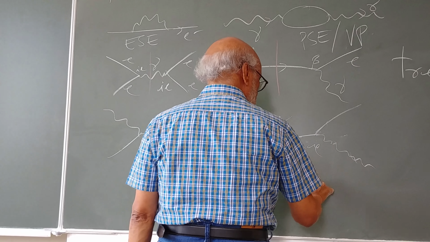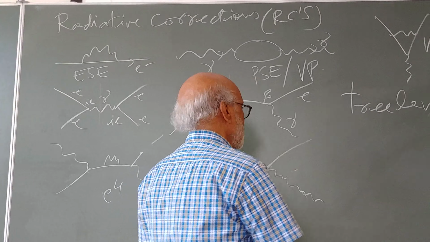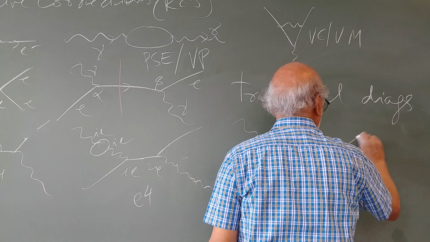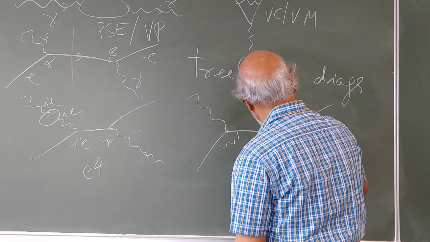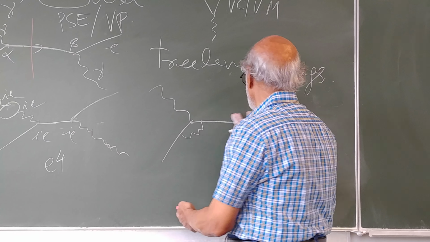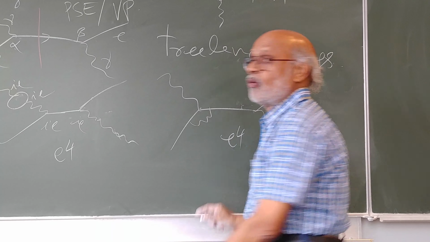So this is e to the power 4. This is also e to the power 4. So I can introduce this here or this here or at both. If I take only one, then this gives me e to the power 4.